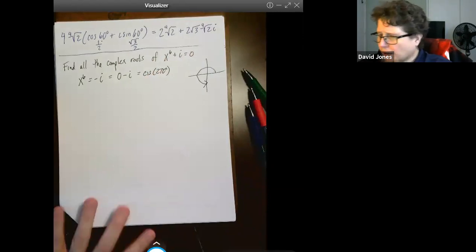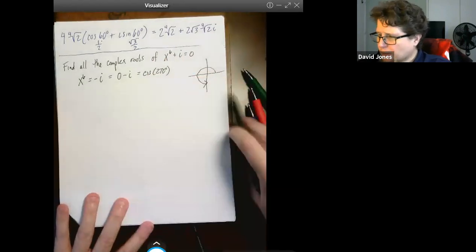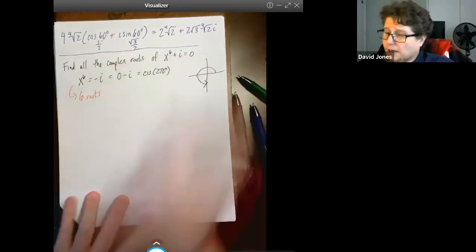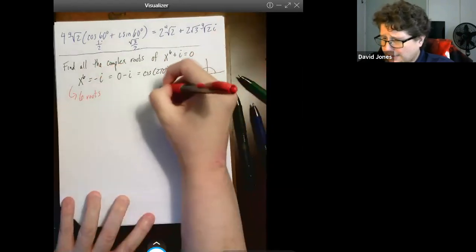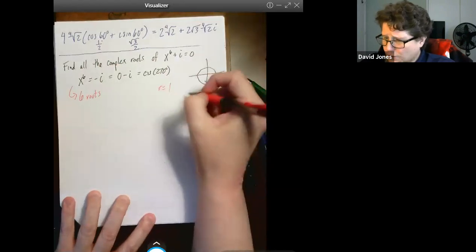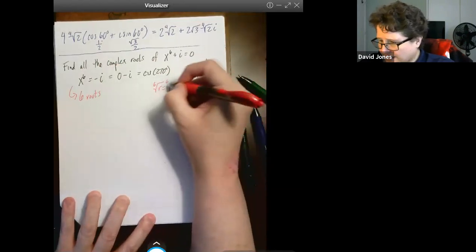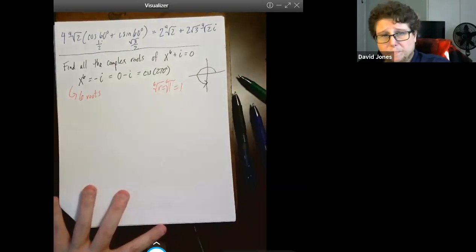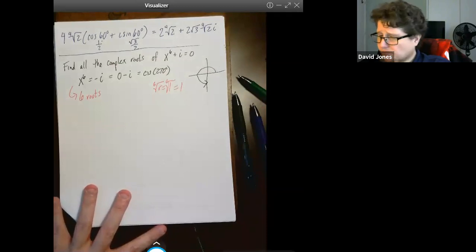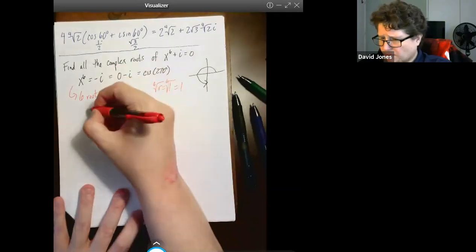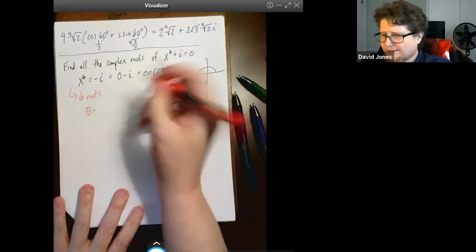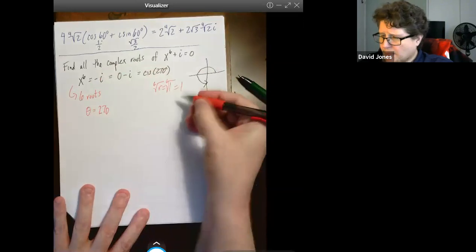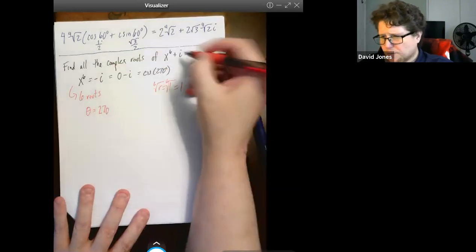So we're looking for how many roots? X to the 6th power. We want 6 roots. Well, r equals 1. And so the 6th root of r is the 6th root of 1, which is still 1. That's handy. Theta was 270 degrees. But this was x to the 6th power.